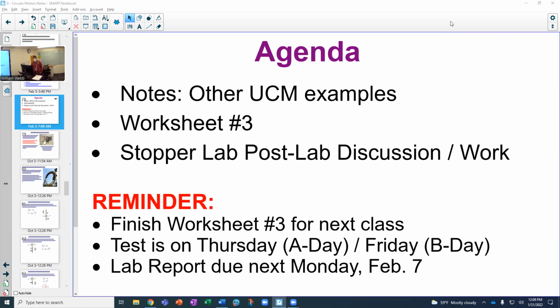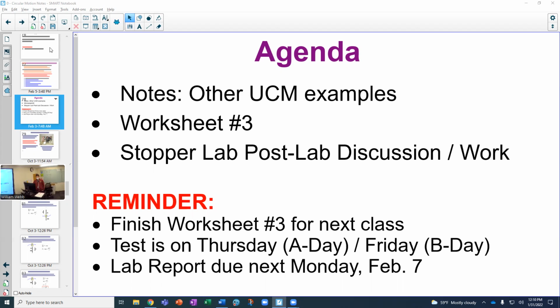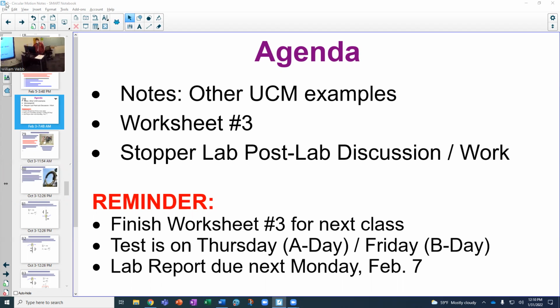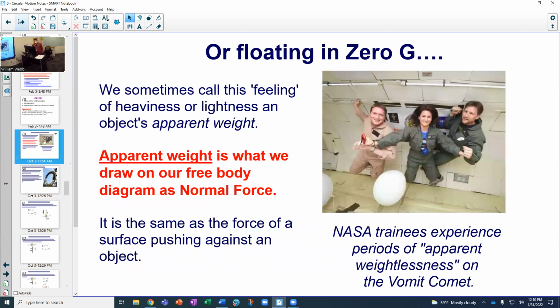All right, so let's talk a little bit about some other uniform circular motion examples here. We talked last week about apparent weight, and that sometimes College Board will use that terminology, apparent weight, instead of what they're more precisely talking about, which is the normal force.